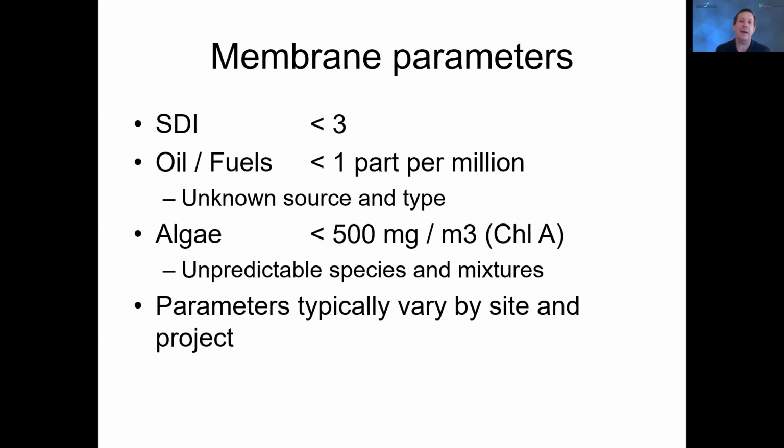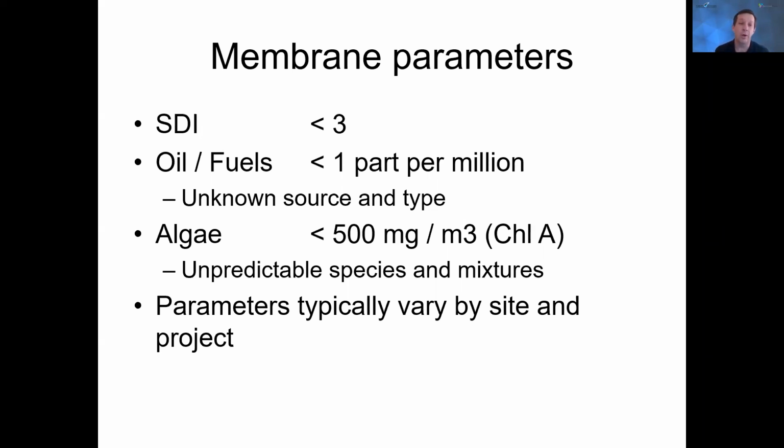So in asking around to different people who operate, people who build desalination plants, and even the people who design or build the membranes themselves, I've asked them, what parameters that are not easy to measure are important to you. And silt density index, oils or fuels are important. Algae is important. I mentioned turbidity and pH and all that. Obviously, those are very important, but frankly, they're a little more easy to measure.